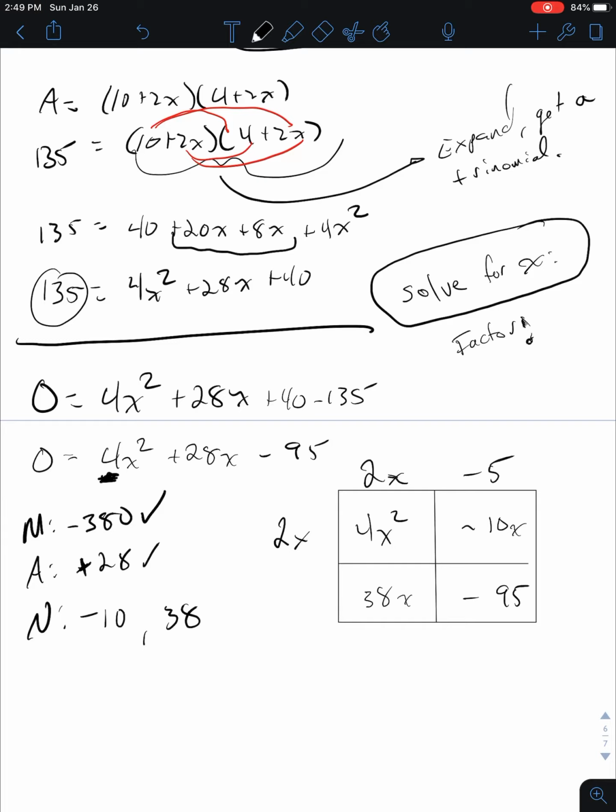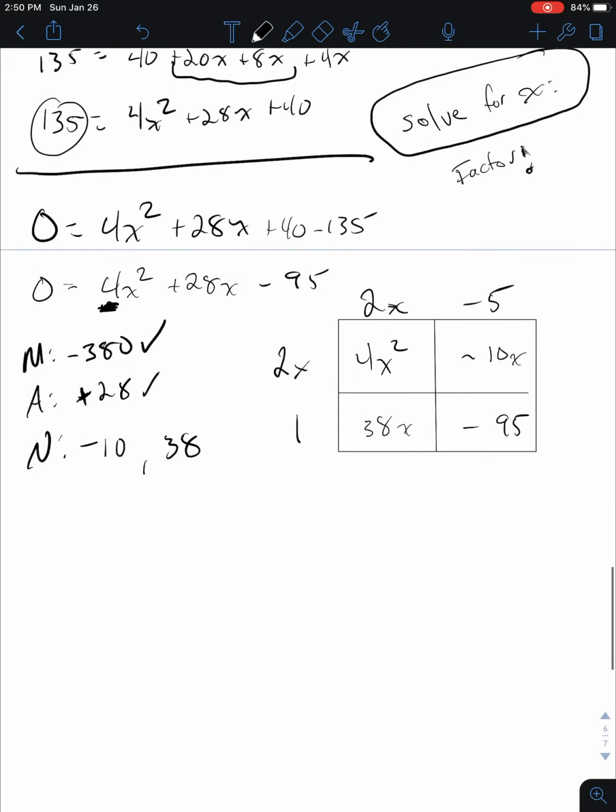So it's 2x, 2x minus 5, and then 38 and 95. You might be stuck at 1, and that's okay. I don't think you're going to find a number that goes into both those. So you're at 1, which is fine.